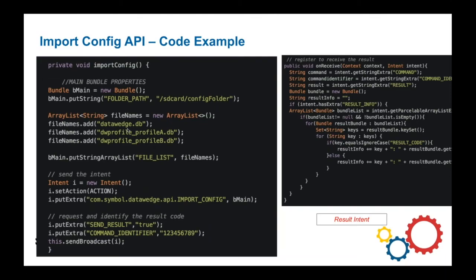The next two are simply profiles, profile A and profile B, that will be imported. Then it triggers the intent and says to send the results over to this broadcast receiver. This broadcast receiver is set up to handle the result and decide if that went through or not. Then your application can do whatever you want with it.